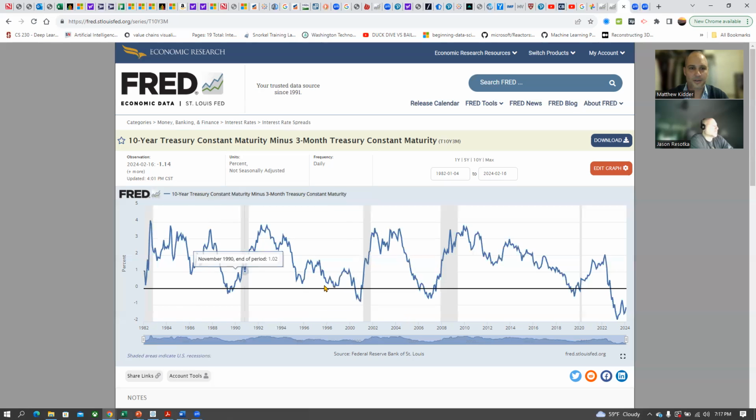So this is 0 on the axis, and you end up with these negative values. One of the interesting things is to look at these recessions. We've had negative yield curves before each recession, going back quite a ways.